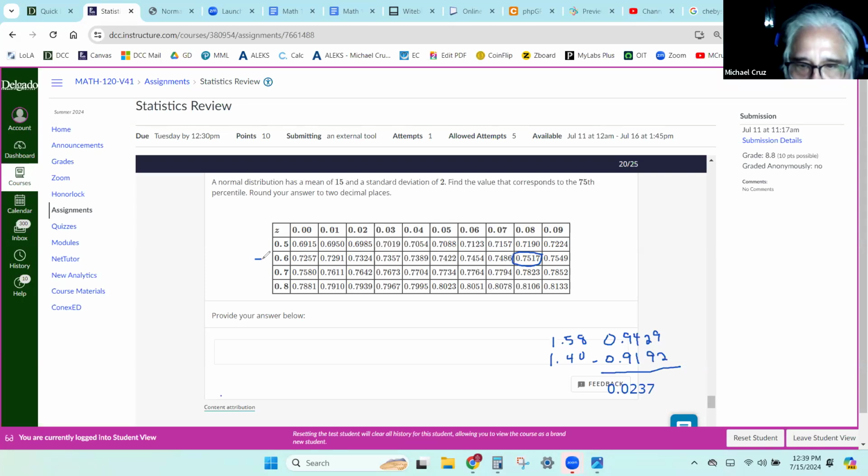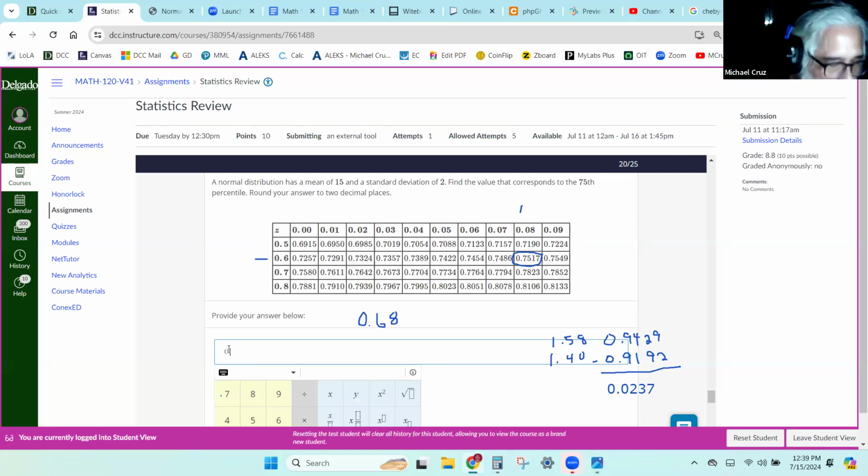So that's here and here. So that's 0.68. So in other words, 75% of the data is below 0.6.